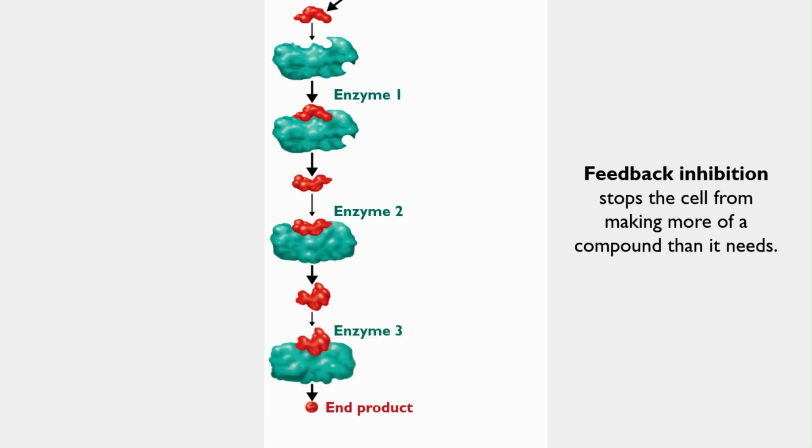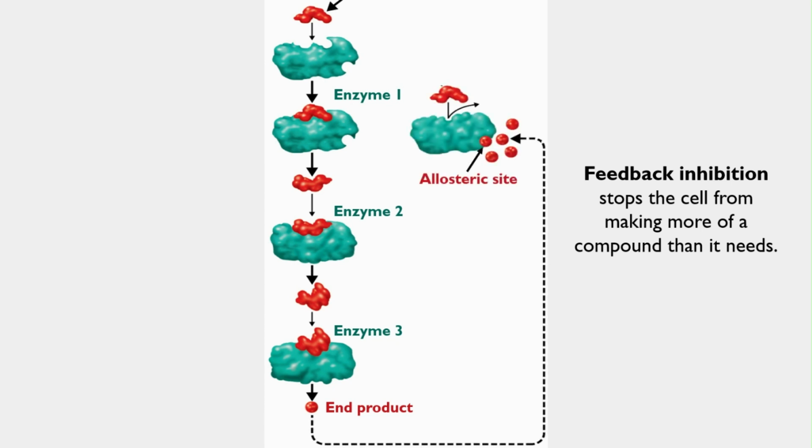This is where one of the intermediate or final products in an enzymatic pathway actually inhibits an enzyme earlier in the pathway. This means that the more product there is, the less is made, creating a balanced system.